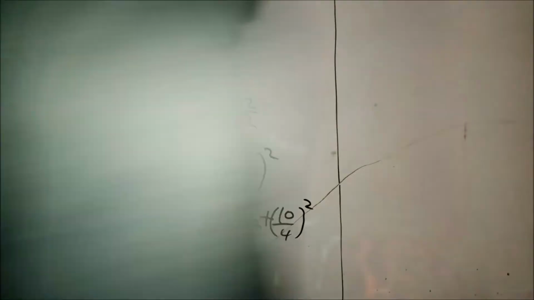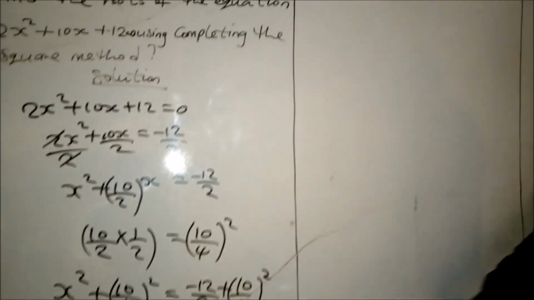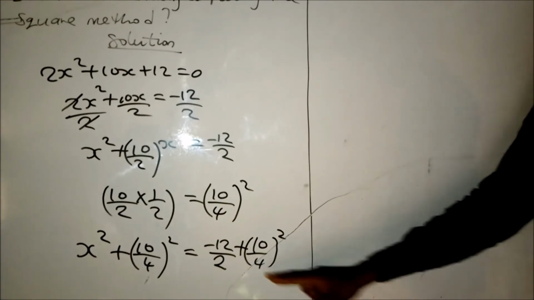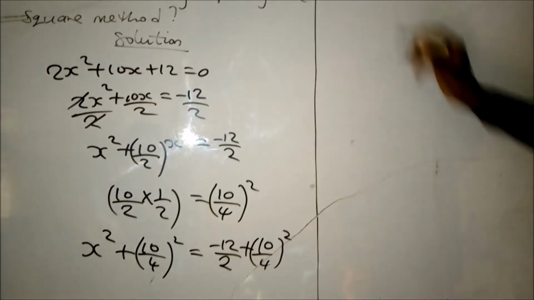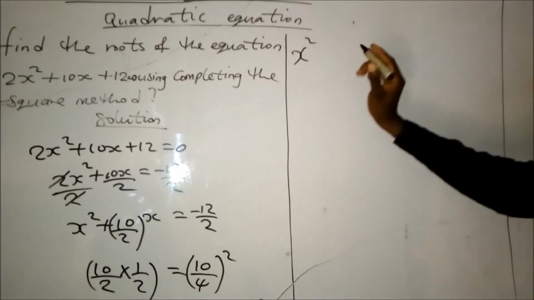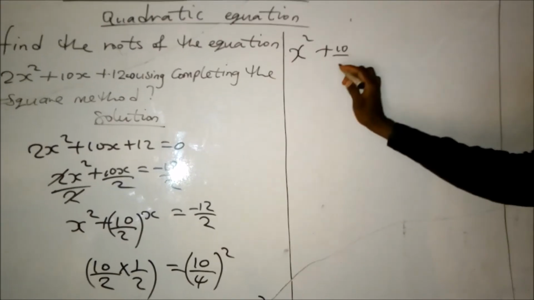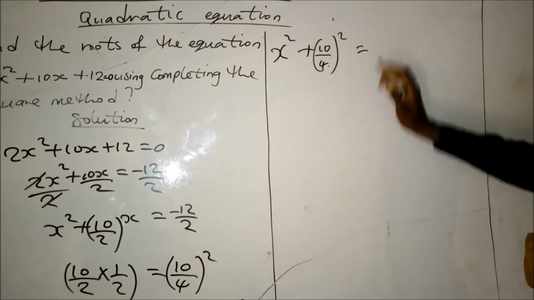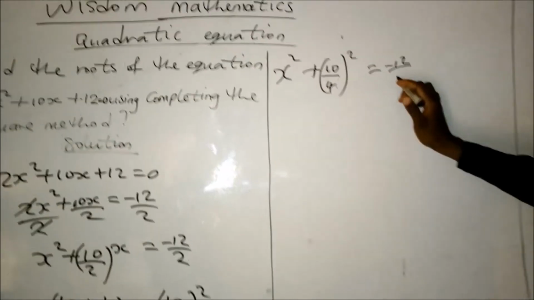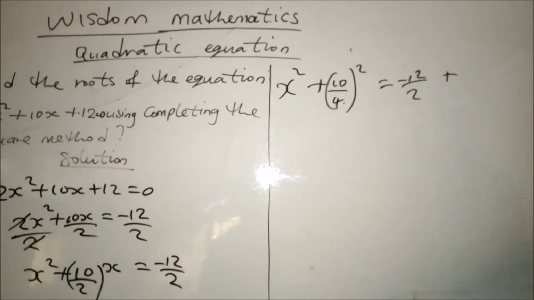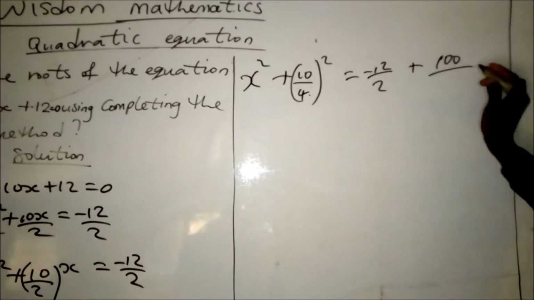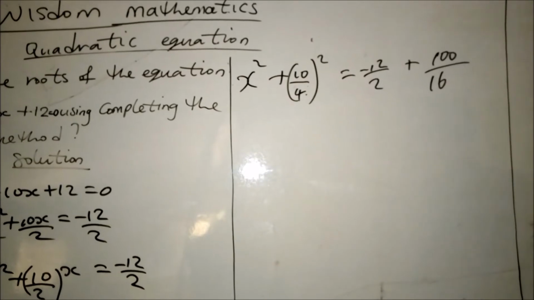Now at this point, we have to make this to be expanded. Then we leave the other side as it was. x squared plus 10 over 4 squared equal to minus 12 over 2 plus 10 over 4 squared, which means 10 squared, which is 100, over 4 squared, which is 16.